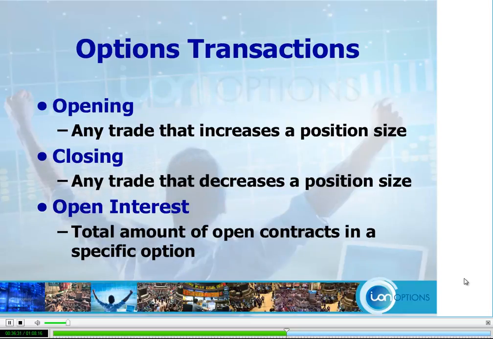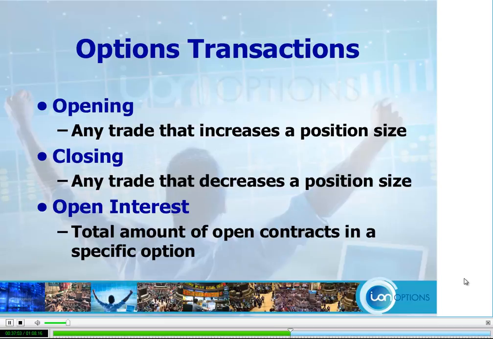Okay, now we can talk about some option transactions. As an individual investor, you will be doing two types of trades. One trade will be an opening trade. An opening trade is any trade that initiates or increases a position size.